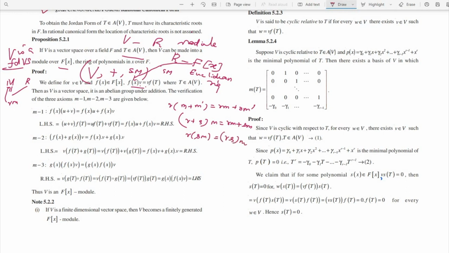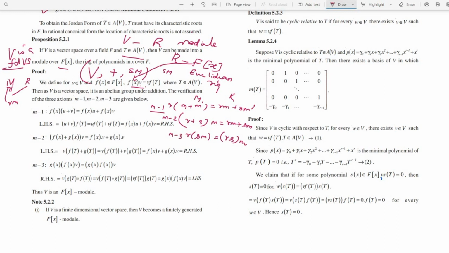They may look like distributive laws, but they are not, because for distributive laws all the members should be from the same set. Here the small r is from capital R, and these are from capital M. These are the axioms from the module definition, M1, M2 and M3.